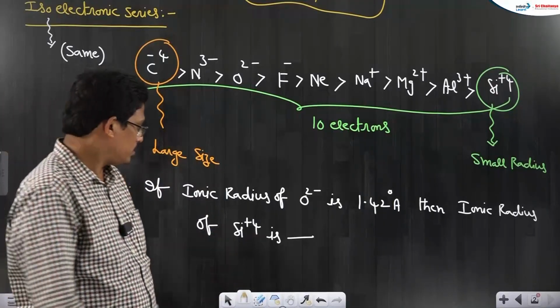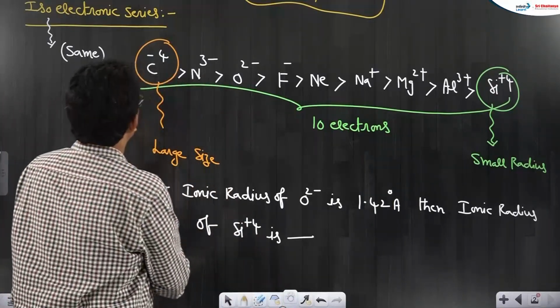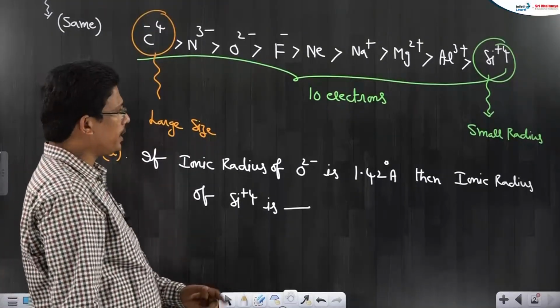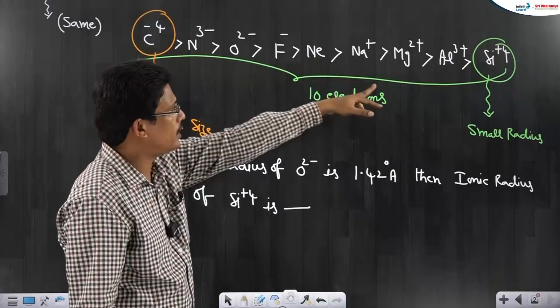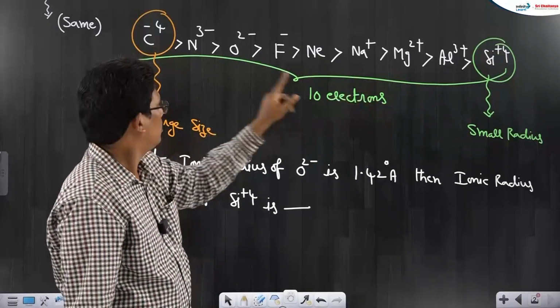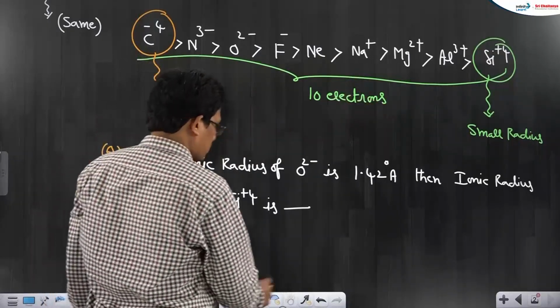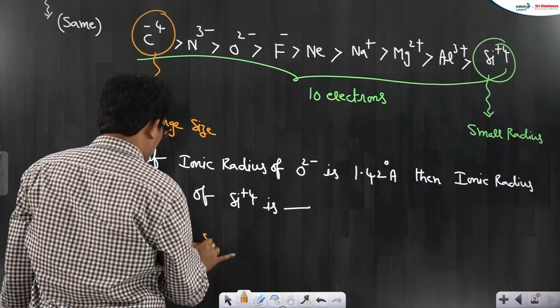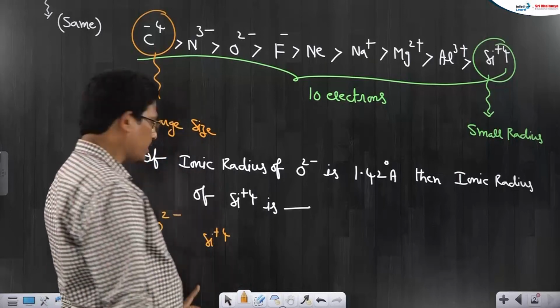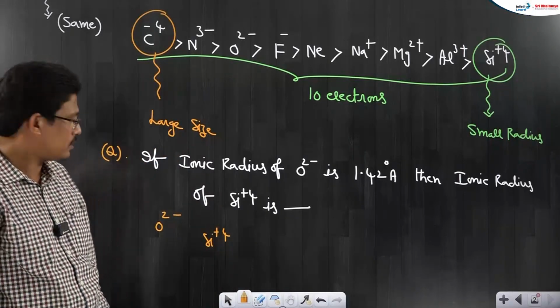Find the value. If you observe the order of radii, the oxide ion has more radii than Si4 plus. Both are isoelectronic, with the same number of electrons.